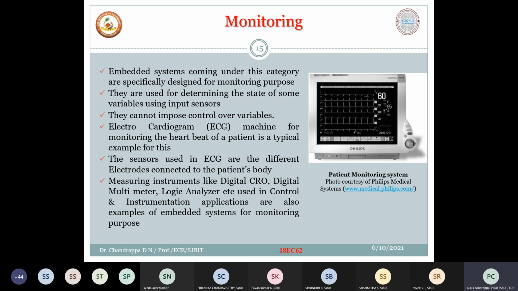angiogram. With the angiogram we can monitor the heart, whether the walls are clear or blocked. If any walls are blocked, it will be detected from the angiogram.